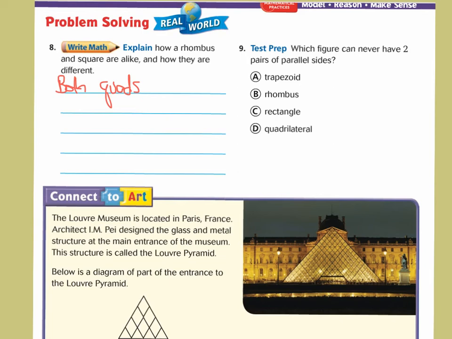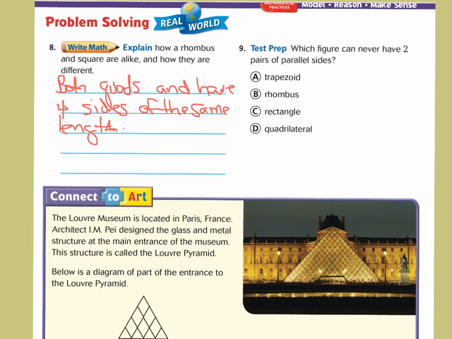They're both quads and have 4 sides of the same length. It's really difficult to write on this because I can't put my hand on the screen or it'll move it. So sorry for my penmanship.